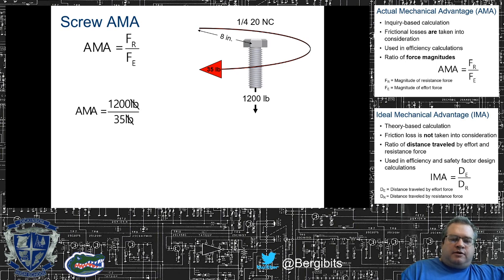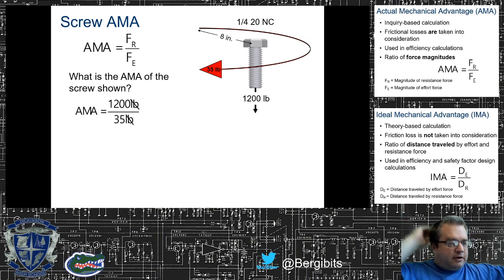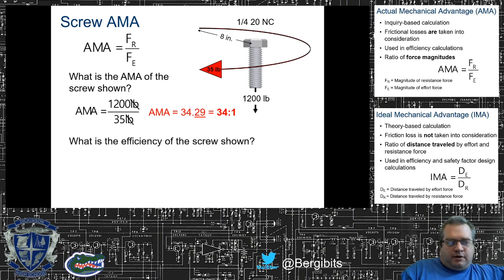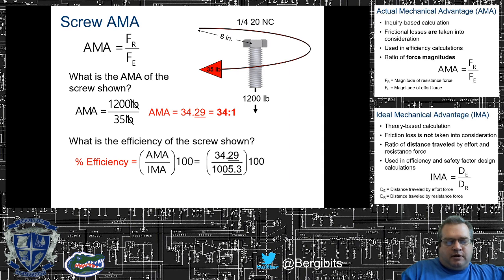The AMA is resistance over effort, and my effort is 35 pounds and my resistance is 1,200 pounds. What is the AMA of the screw above? 1,200 divided by 35 is 34. Efficiency is AMA, which is 34 divided by 1005.3 times 100, which is 3.4.